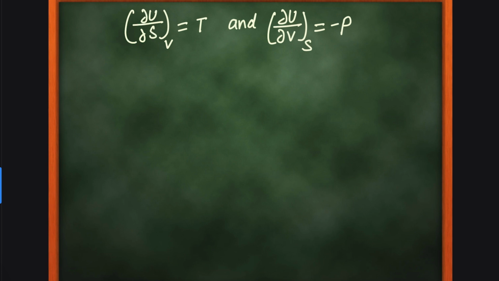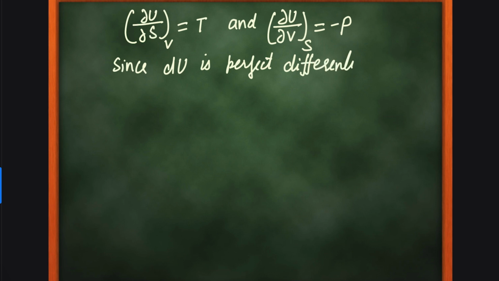और हमने पहले भी बात कही कि dU जो है वो परफेक्ट डिफरेंशियल है, तो since dU is a perfect differential, we can write this as del over del S of del U del V, keeping S constant, and with respect to S we keep V constant.